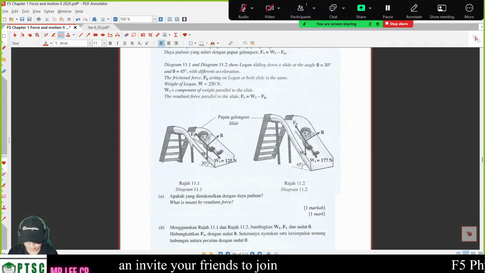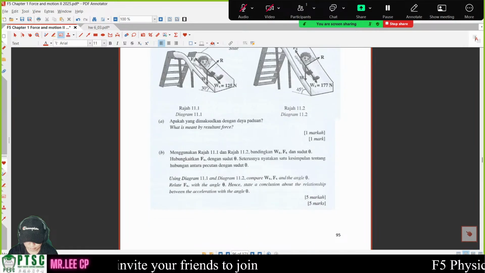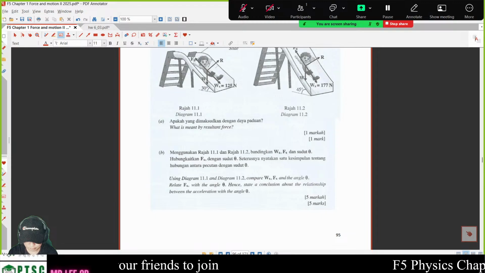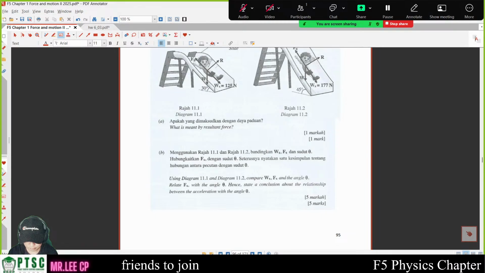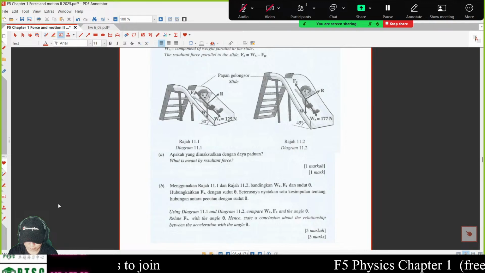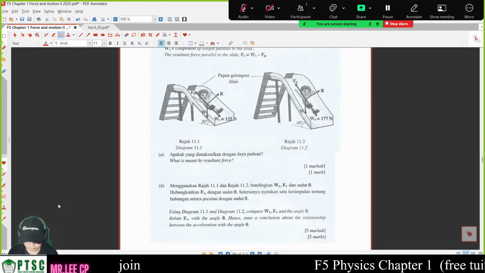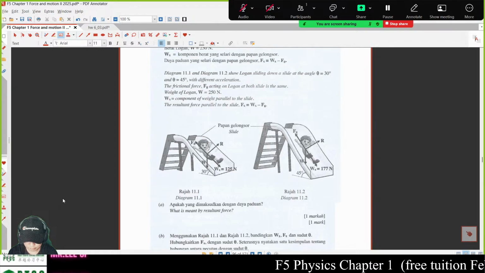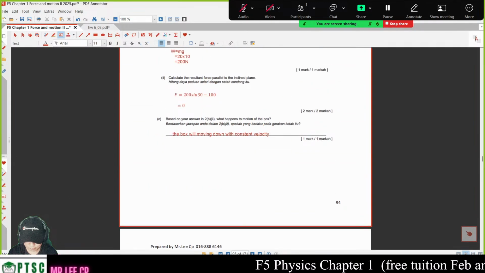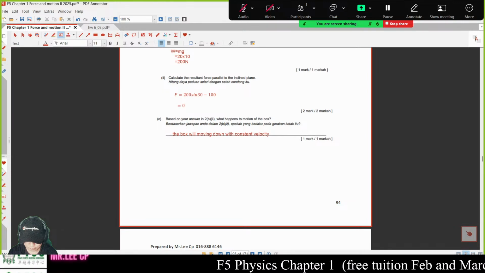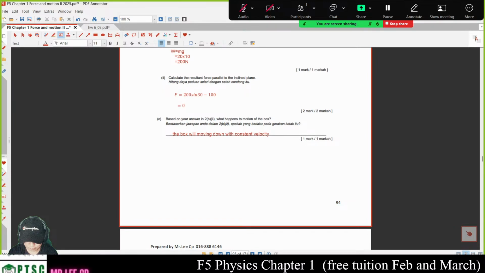Okay, next. What is meant by resultant force? I don't want to answer already. Now, using 11.1 and 11.2, compare Wx, Fx, and angle theta. Wx. Yes, as stationary, right? This one can be either stationary or it can move down with constant velocity, also can.